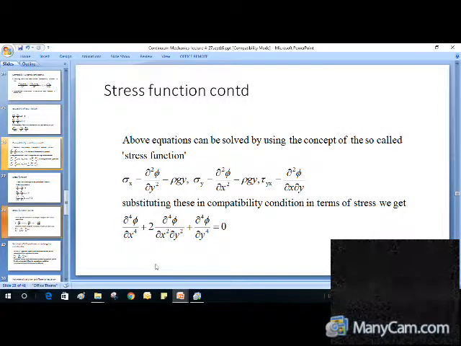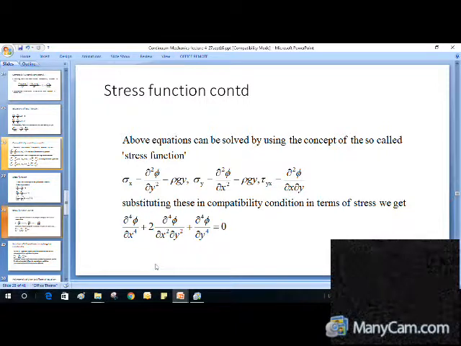So what we do is we make a simple substitution for stresses. The stresses sigma x, sigma y, and tau xy are the stresses within the body. The body itself is in the xy plane, so the stresses will vary within the body.